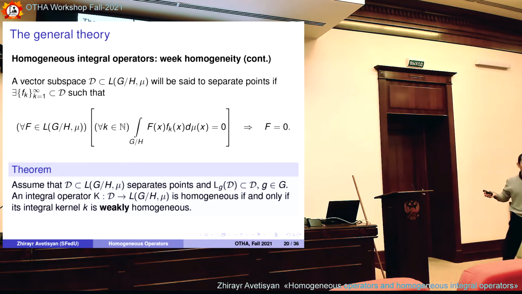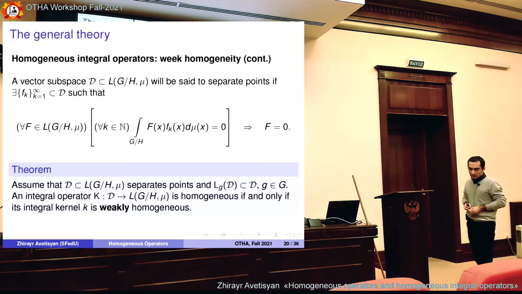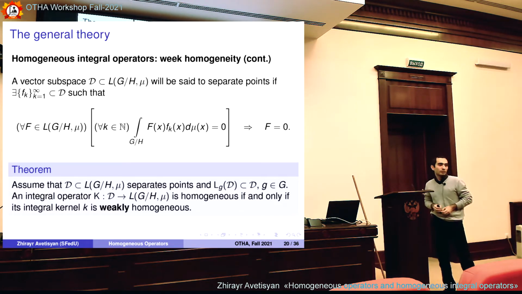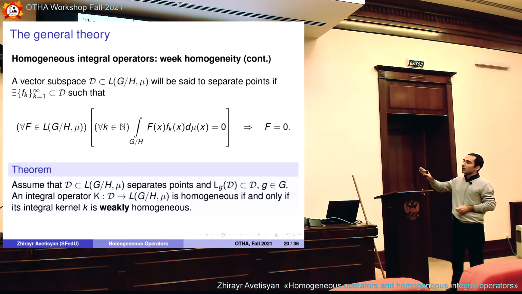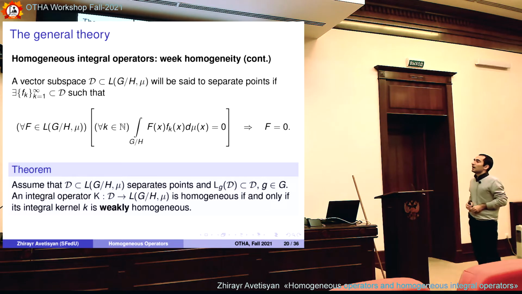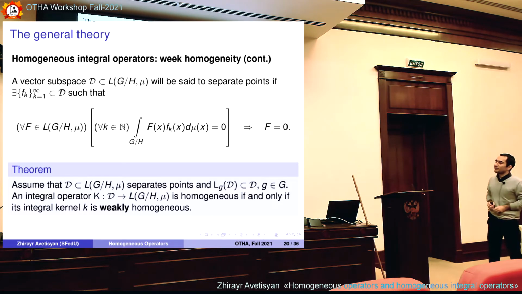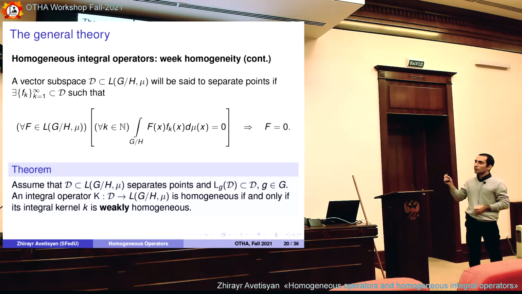A pretty natural kind of condition, which you can easily show is satisfied in all reasonable situations. Now assume that that's true about the domain D, and the domain D is invariant under dilations. Then an integral operator is homogeneous if and only if its integral kernel is weakly homogeneous, as expected, right? So the homogeneity of the integral operator is equivalent to the weak homogeneity.